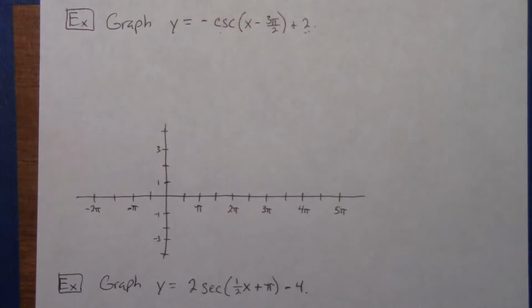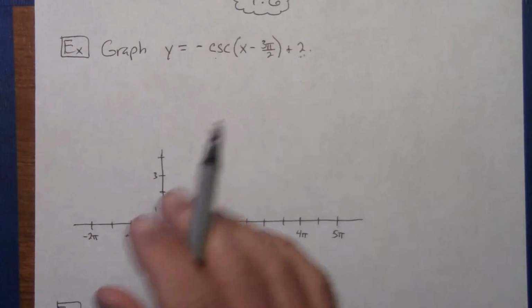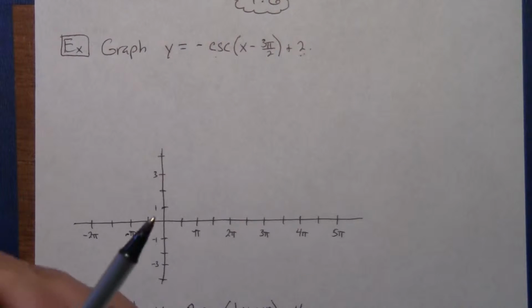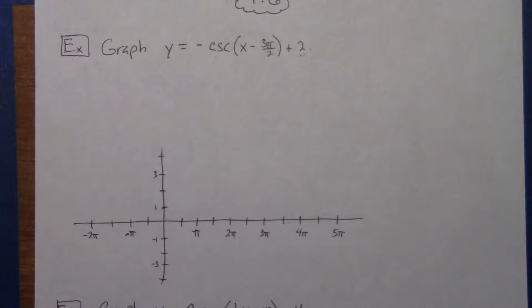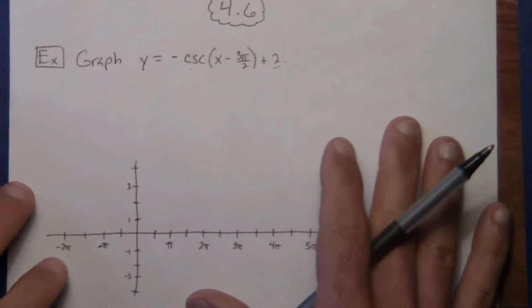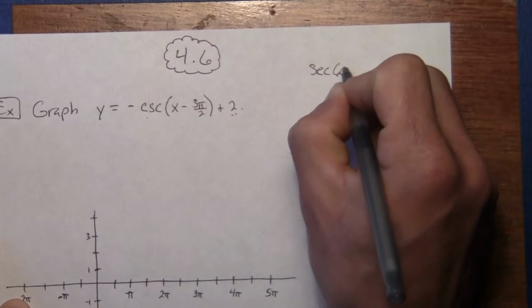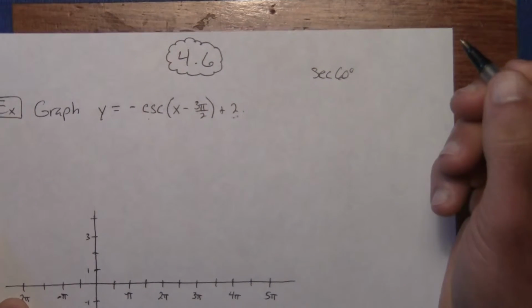Alright, so now when we're graphing, it's kind of like when you're working with sine, cosine, tangent, and then you're working with cosecant, secant, or cotangent. Anytime you're given one of the three that you're not as familiar with, the cosecant, secant, and cotangent, think about what we did. If I gave you this problem and I said, find the secant of 60 degrees, what did we think to do right away?